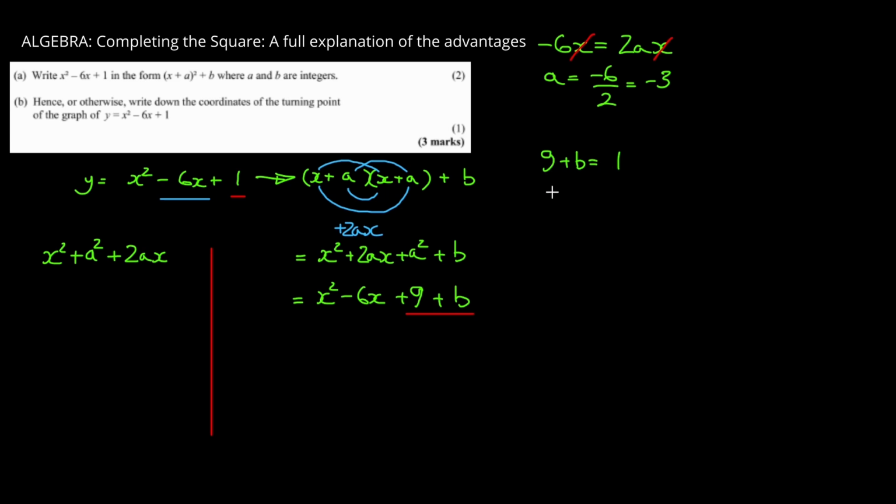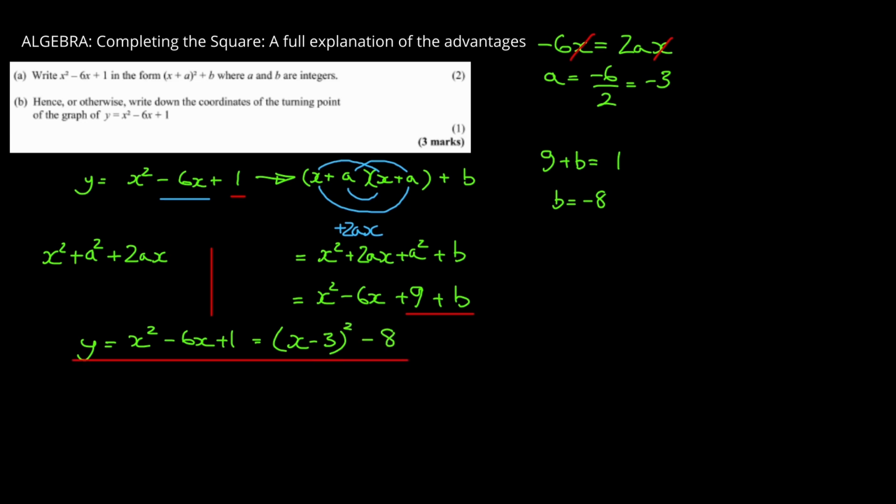So again, rearranging the furniture here, b must be equal to, subtract 9 from both sides, it appears over here as negative 9, plus 1, negative 8. So we've now found that our original equation of x squared minus 6x plus 1 is equal to x minus 3 squared minus 8. And that's the answer to the first part of the question.